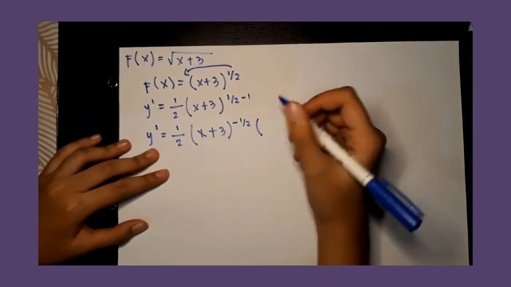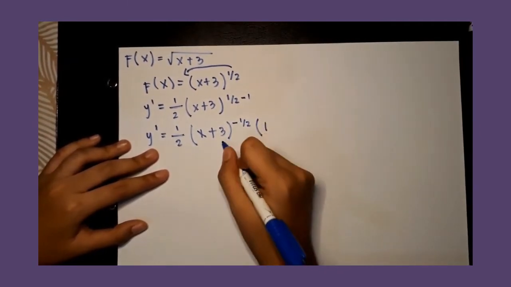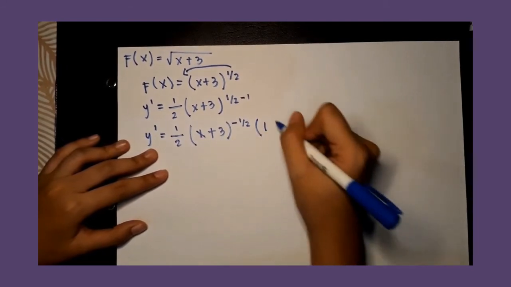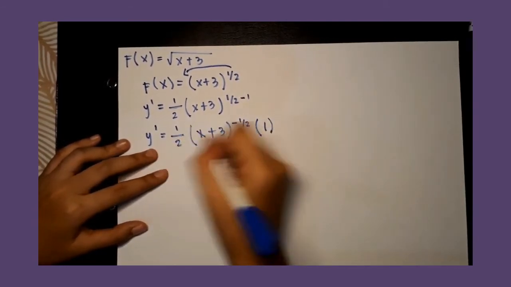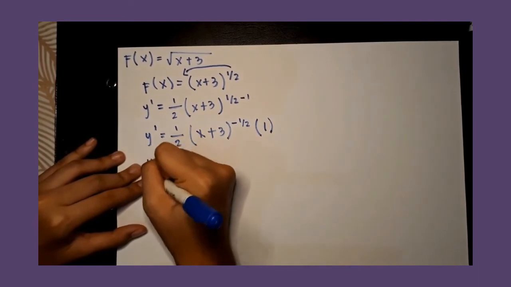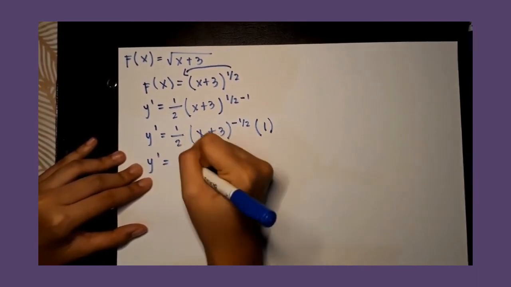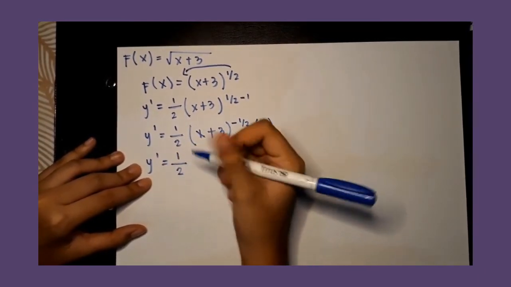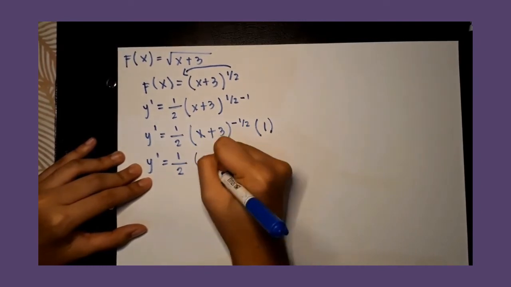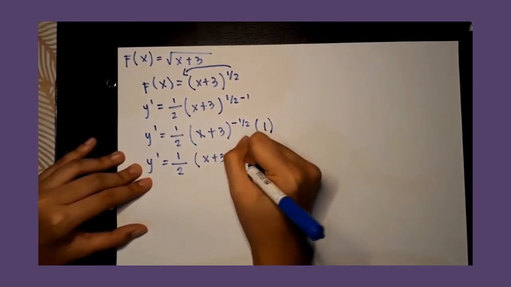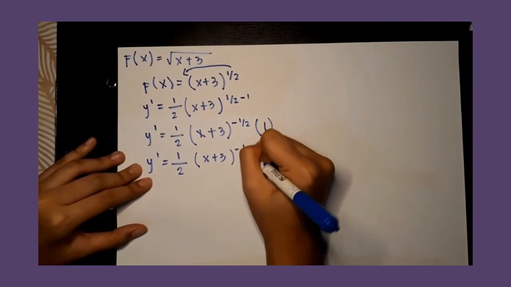Since the derivative of x is 1 and the 3 is constant, 3 will automatically become 0. So our first derivative is equal to 1/2 times x plus 3 to the power of negative 1/2.